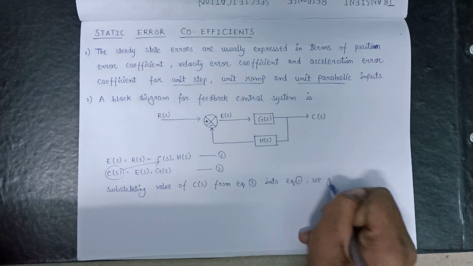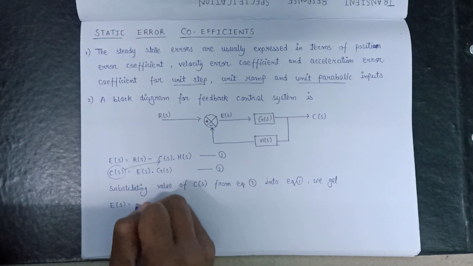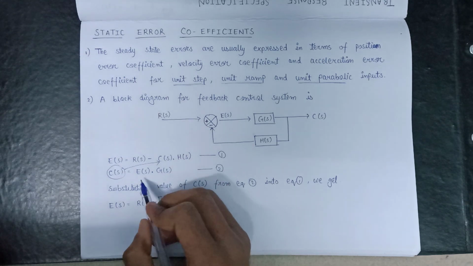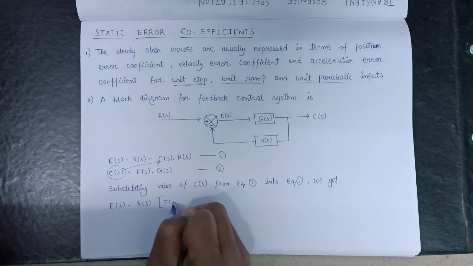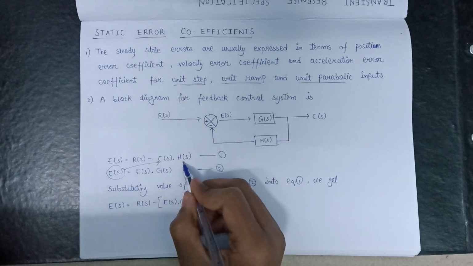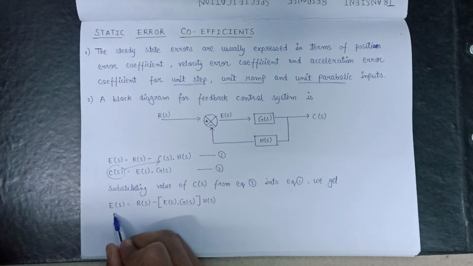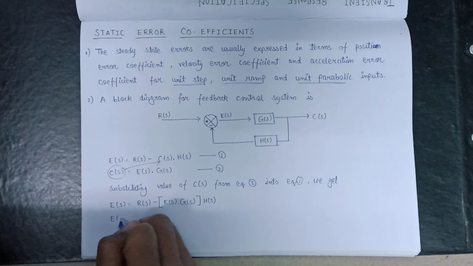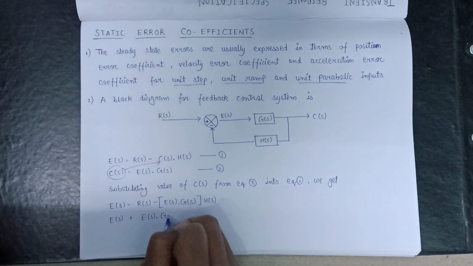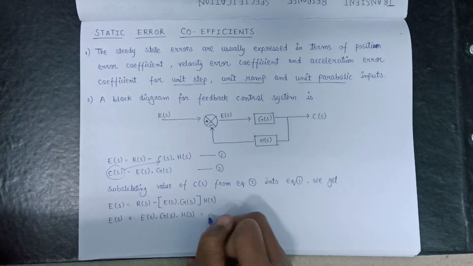We get E of S equals R of S minus, instead of writing C of S, we write E of S into G of S multiplied with H of S. Taking this term to the LHS, we get E of S plus E of S G of S into H of S equals R of S.